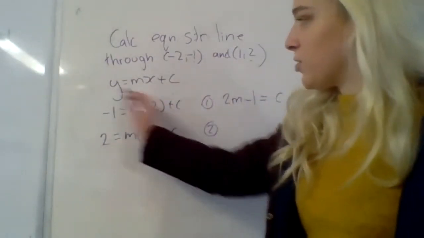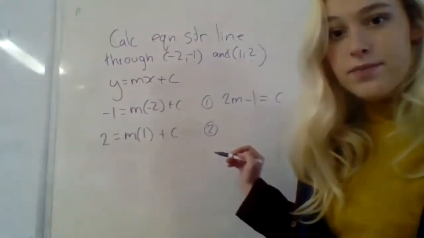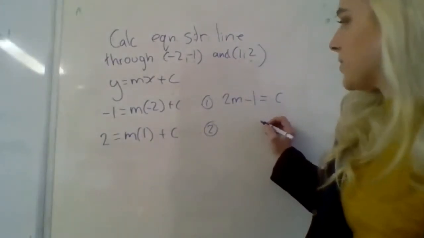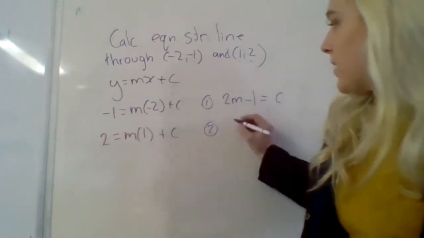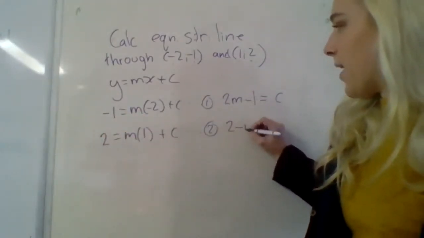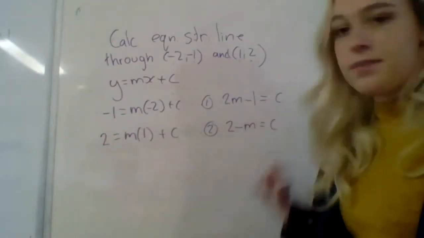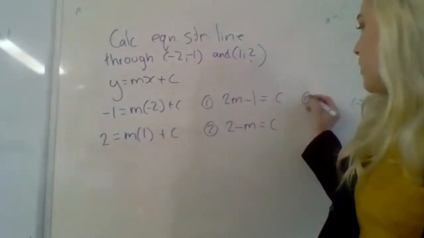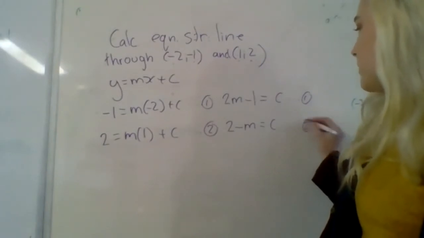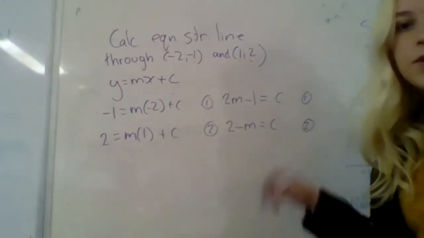I just took this over to the other side, so it became positive. And then I'm also going to take my m over to that side, so that becomes 2 minus m is equal to c. All I've done is rearrange these 2 equations. So this is my new 1, and this is my new 2. It's the same equation.